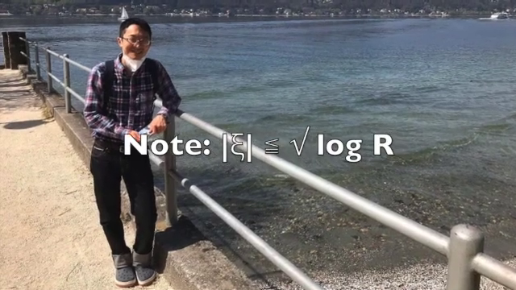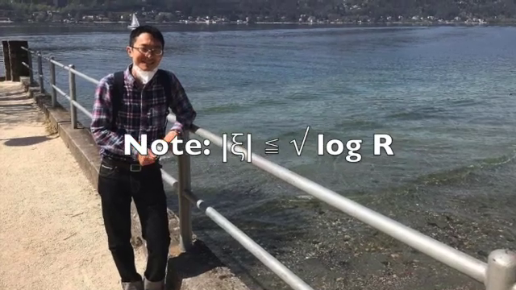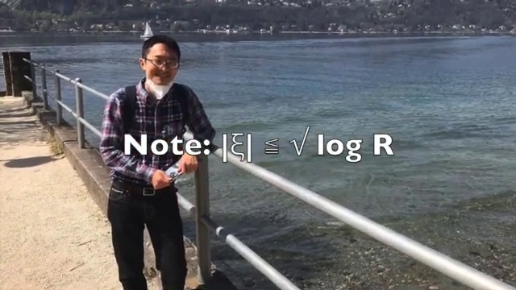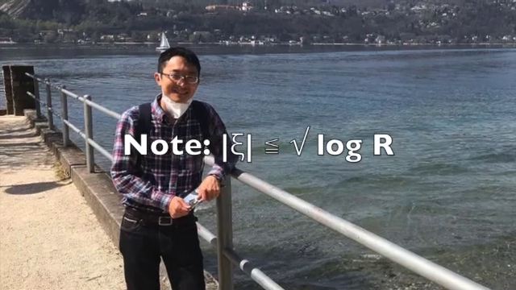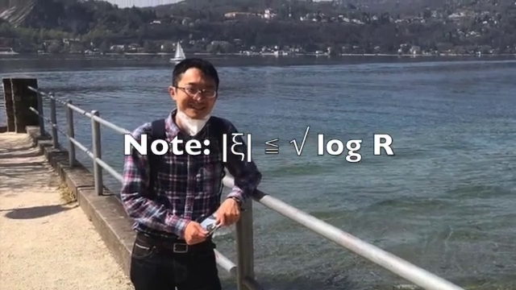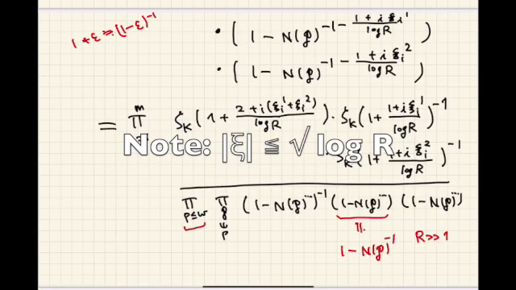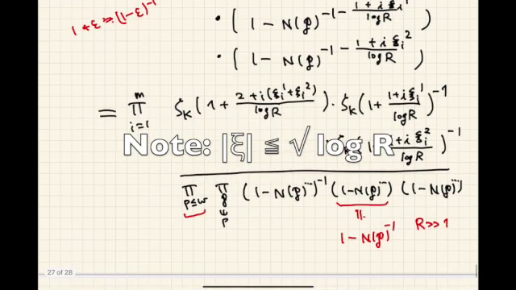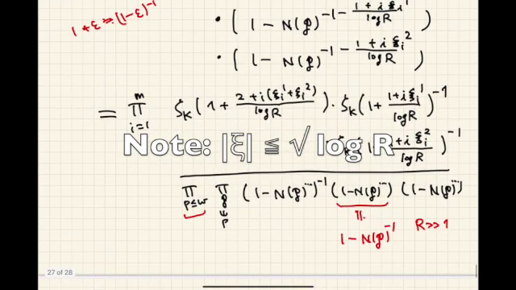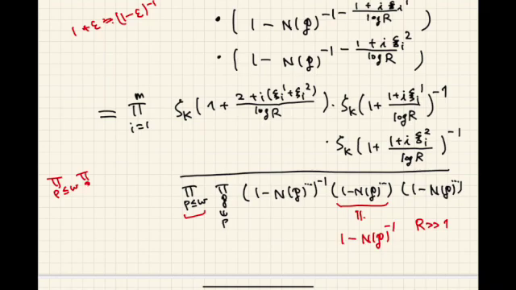Note that we are using the fact that the domain of integration has been restricted to an interval of size square root of log R. And then we know that this product is the tangent function.